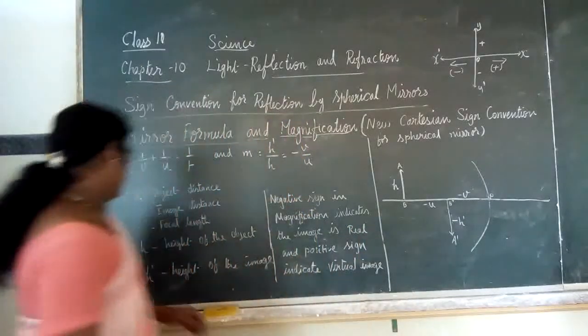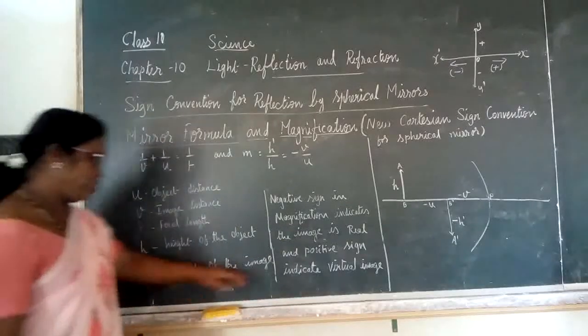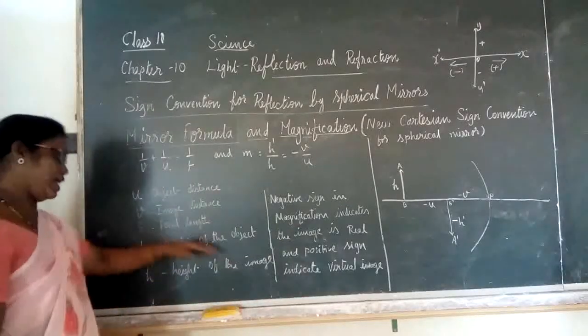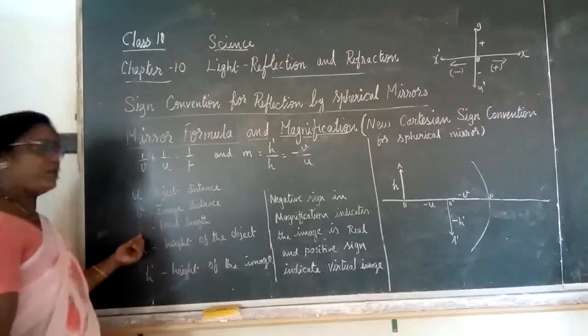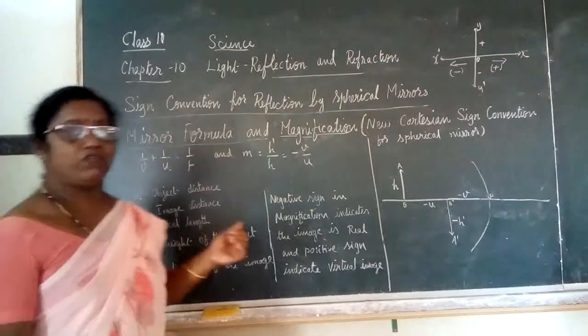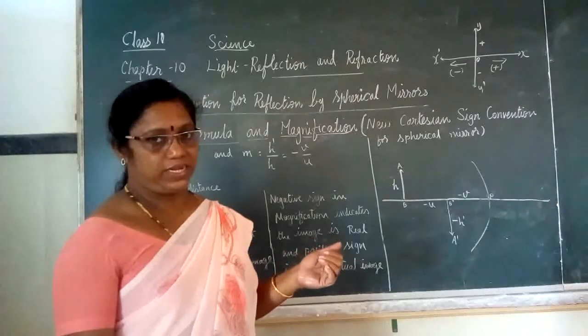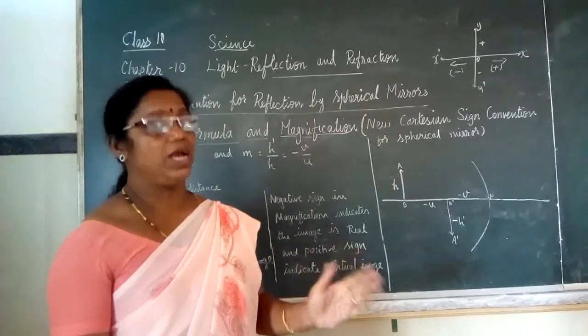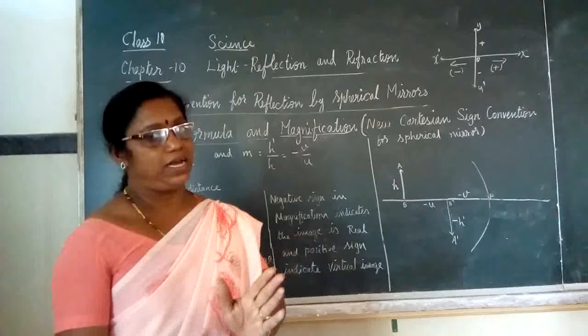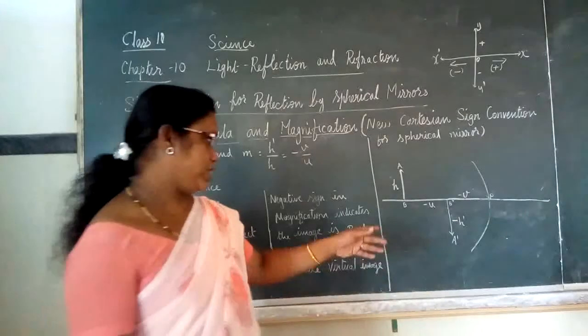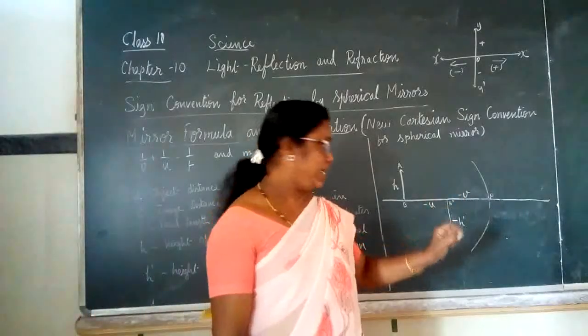Okay. So h dash is the height of the image, h is the height of the object. And what about f? F is the focal length of the lens. You know what is focal length? That is the distance between the focus and the pole. Focus means the point where you get the image.